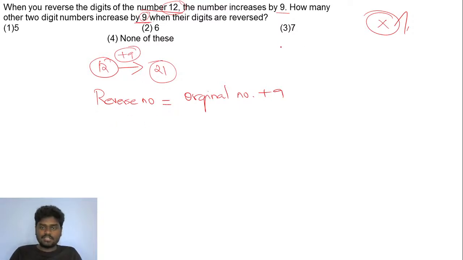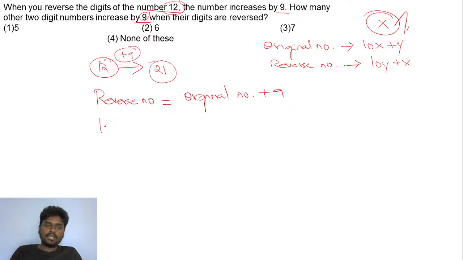If I take the original number to be 10x plus y, then the reverse number is going to be 10y plus x. So can I say 10y plus x is equal to the original number 10x plus y plus 9?